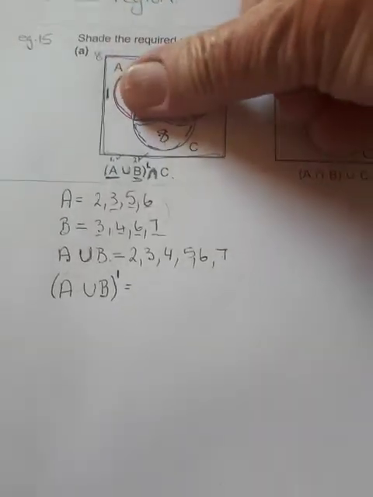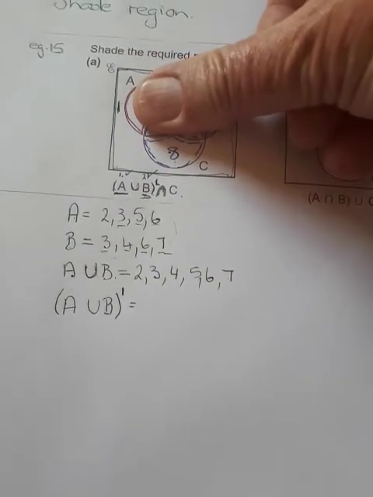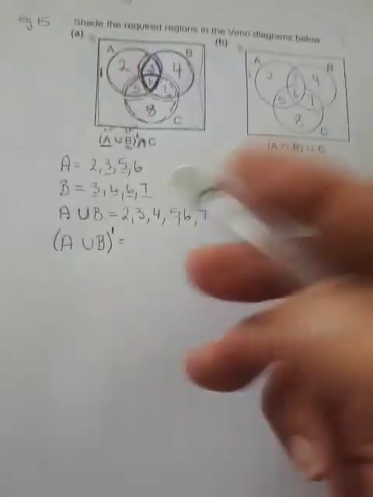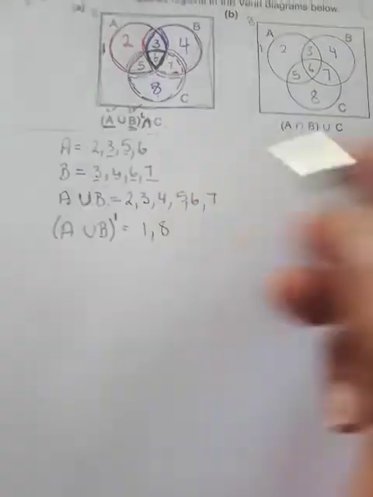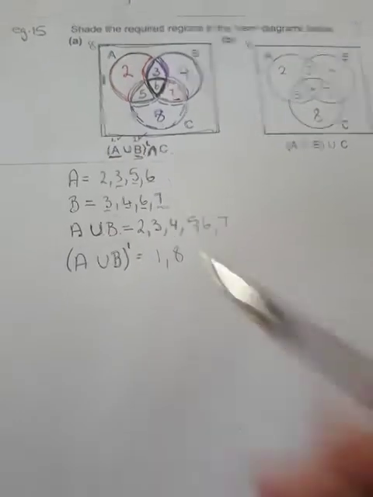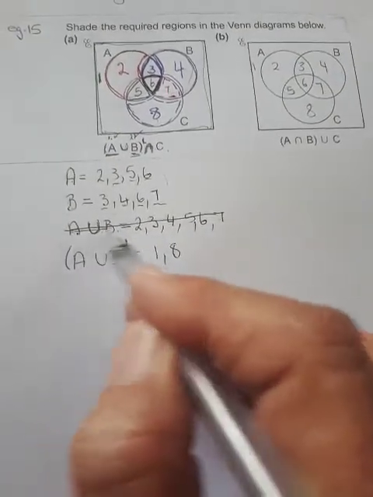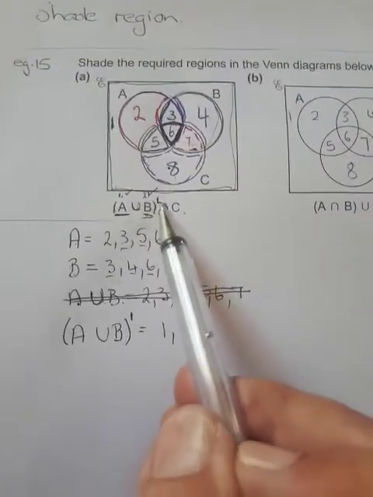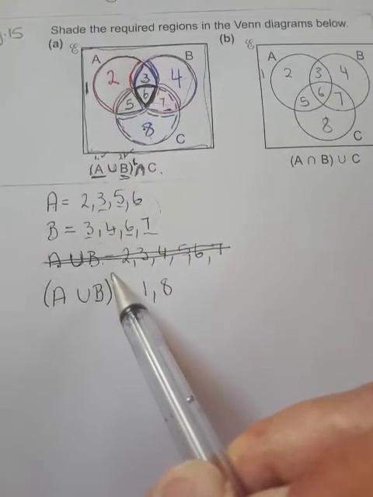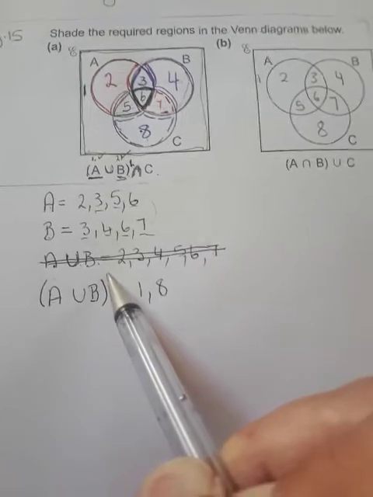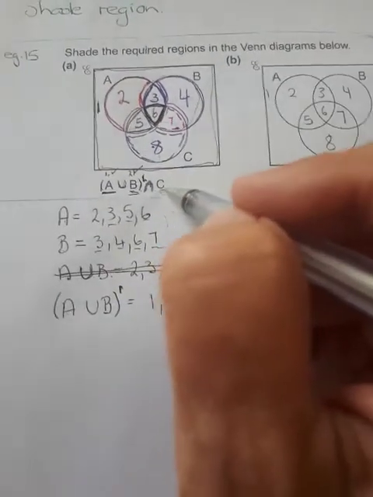So take all of them away. What remains? Regions 1 and 8 remain. Now we cancel A union B, because you need the A union B complement. Now we go to the third one.